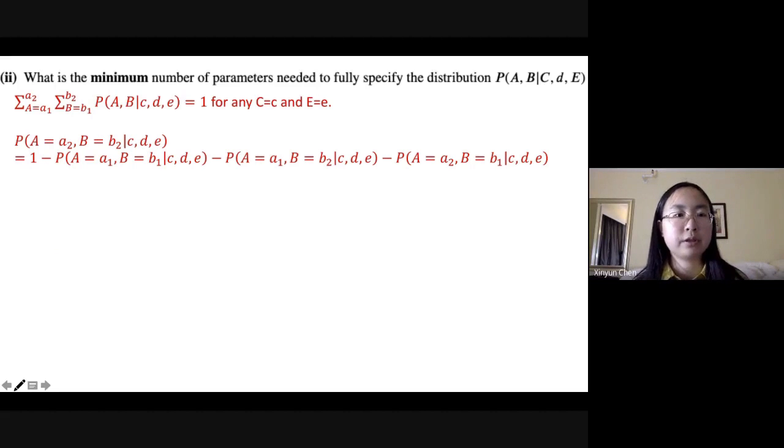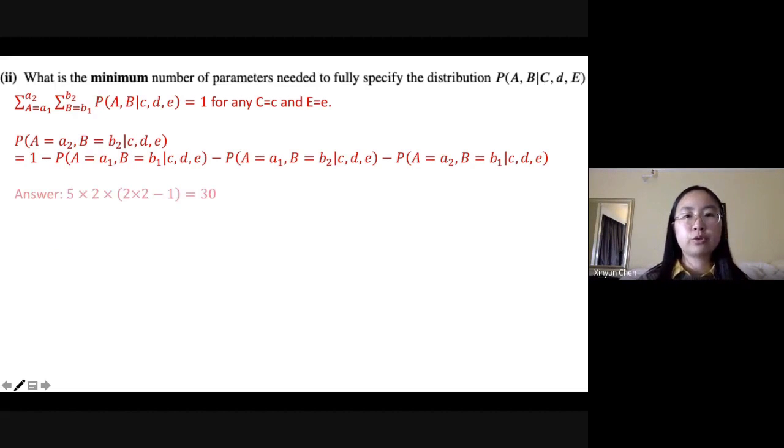But since their sum is 1, once we know 3 of these 4 probabilities, the last probability is given by subtracting the sum of the remaining 3 probabilities from 1.